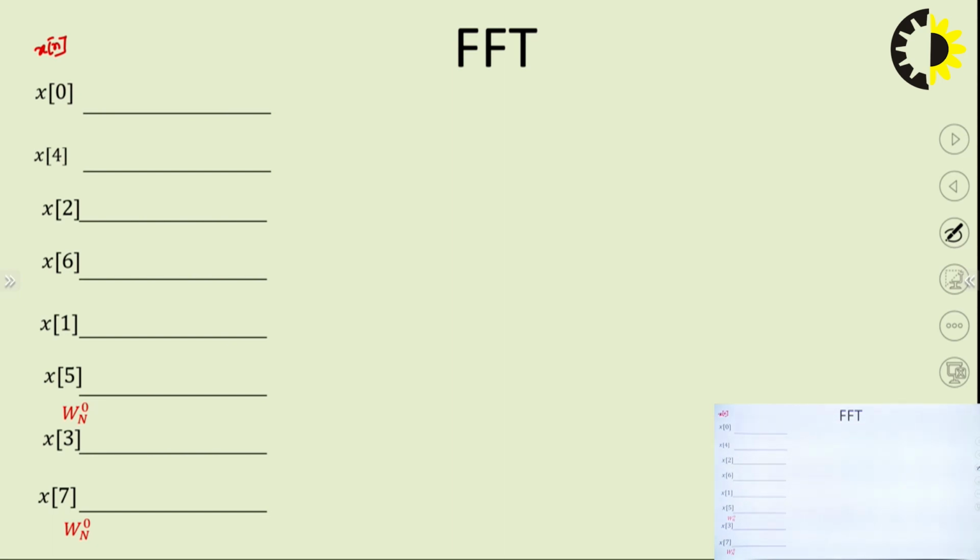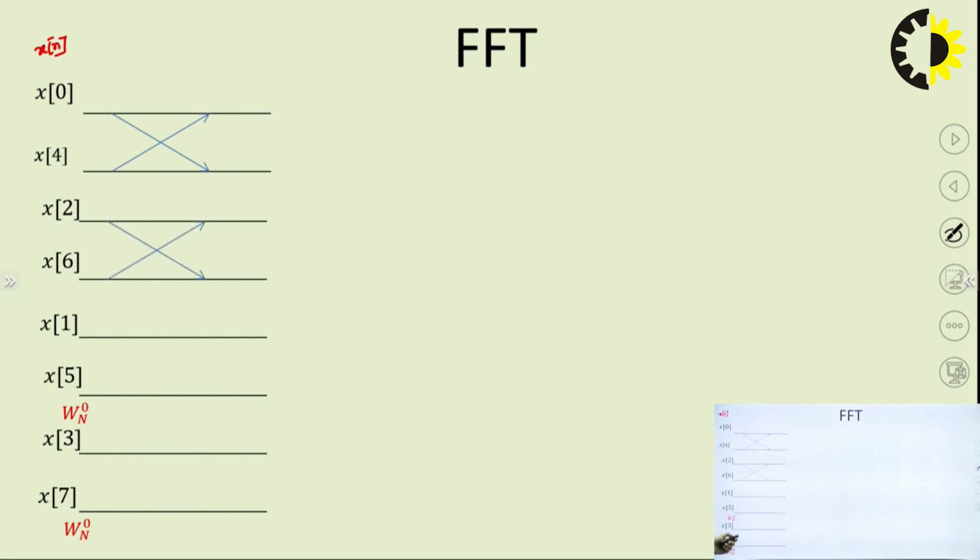The first stage is for n by 8 basically, which means it will be for 2 components each. So the signal flow will be like this.